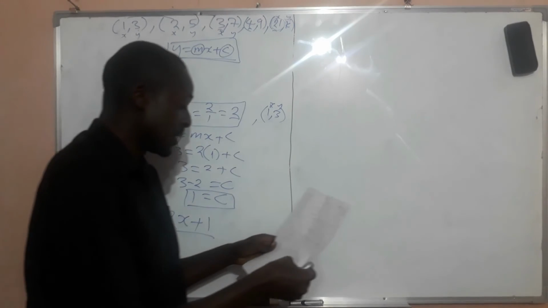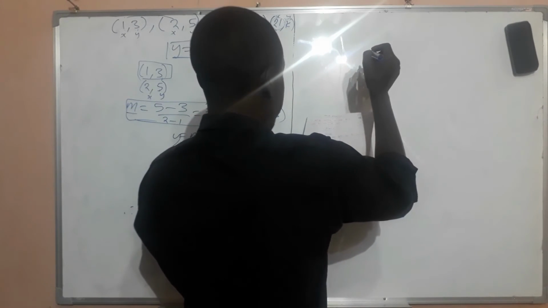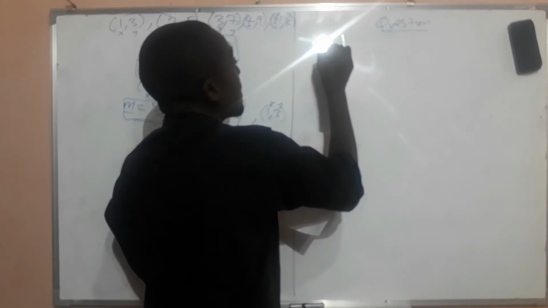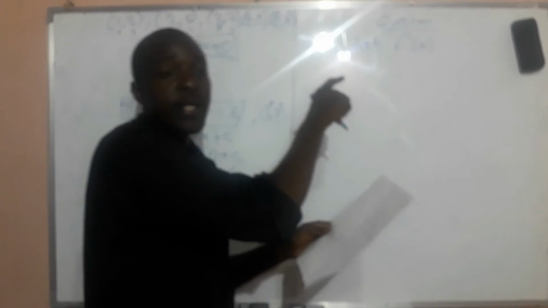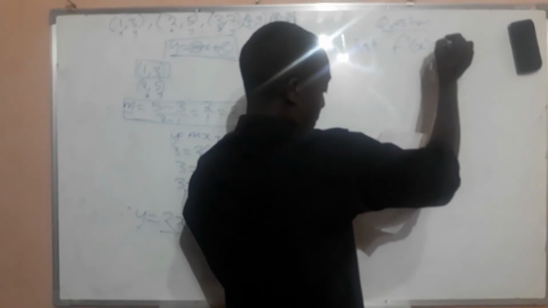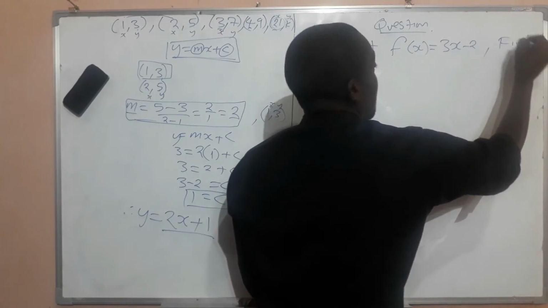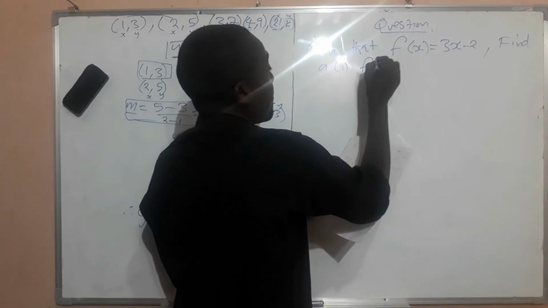Now let's look at functions, an example on functions. Here's our question. We are saying, given that f of x, that's the way we read it, we say f of x, is equal to 3x minus 2, find a, f of 0.